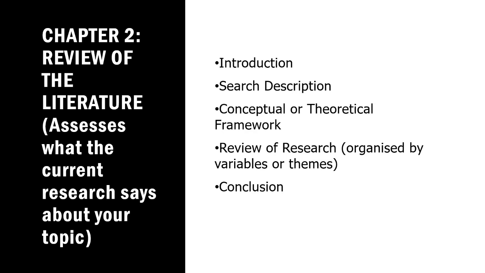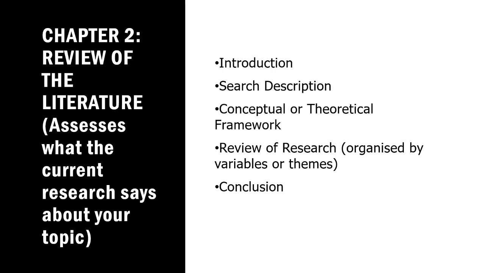So you need to explicitly tell the reader which terms you used, and also how you set the limits to the search. Is it limited to the last 5 years, last 3 years? Usually we don't want to go past the previous 5 years. After that, information becomes dated, and in some fields it's dated much sooner than that.